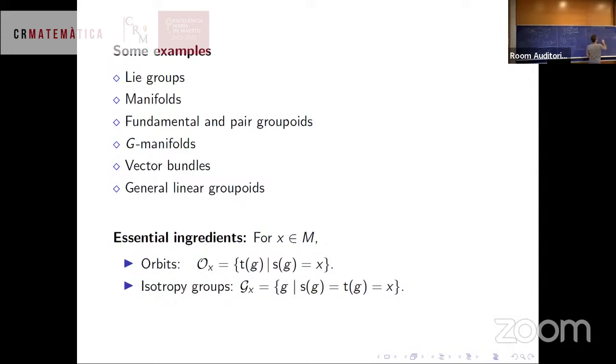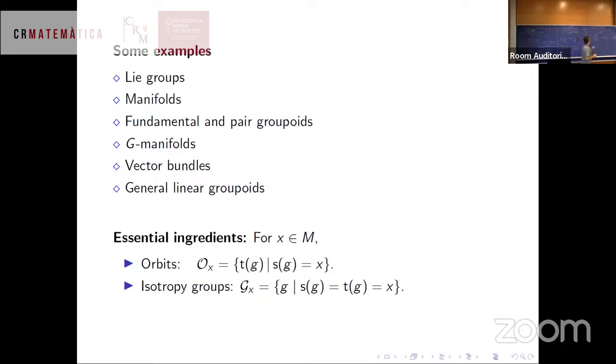Two points on M are related if you can find an element of the groupoid whose source is one of your points and whose target is the other point. So this gives an equivalence relation on the base manifold M. Okay, and the equivalence classes are called orbits.